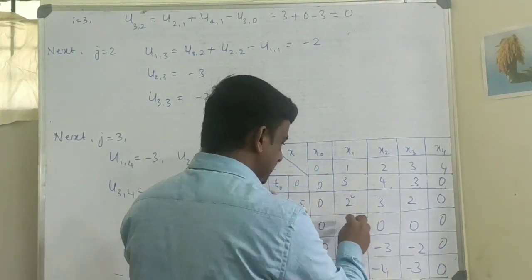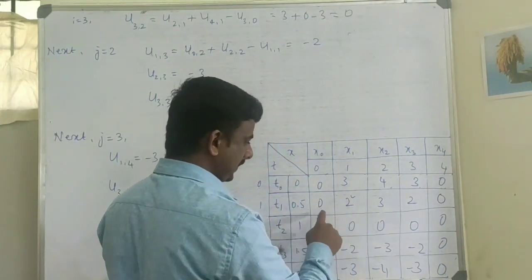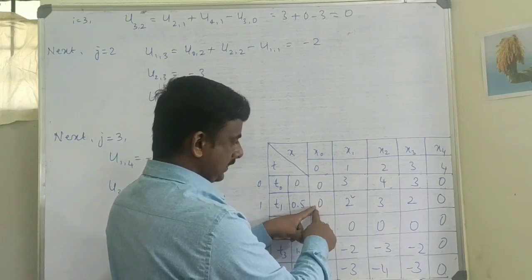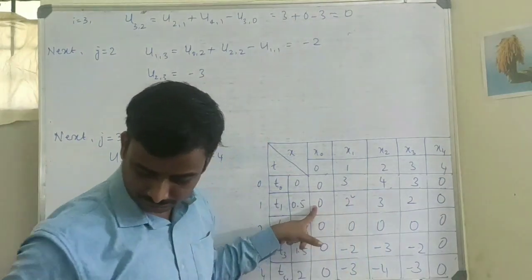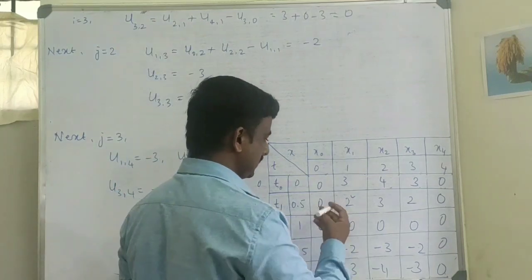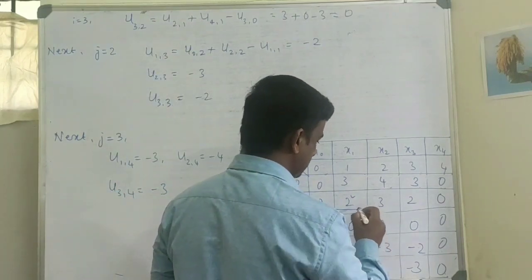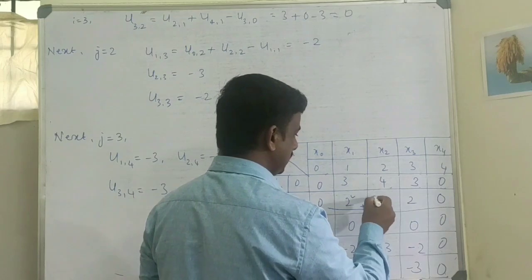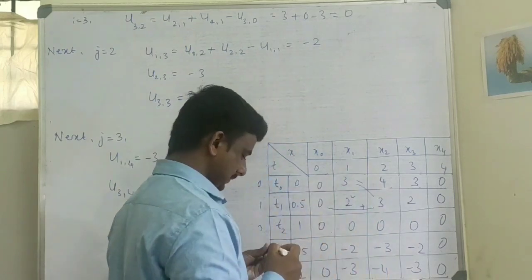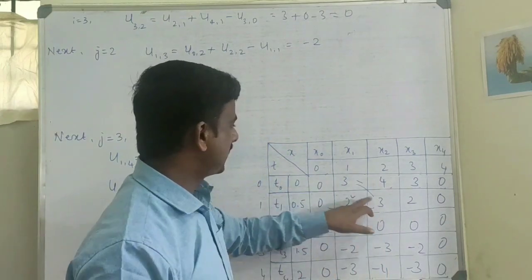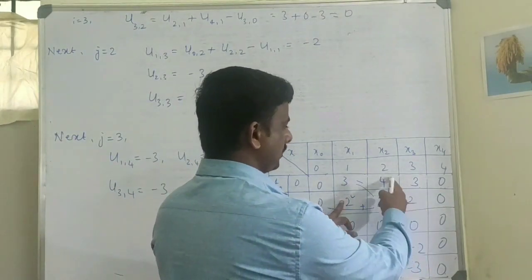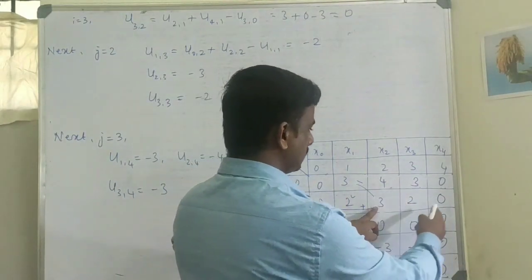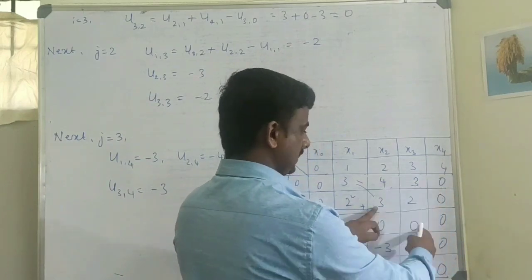Now, this entry is given by the previous entry: you add this and this, and then subtract that value. So 0 plus 3 minus 3, 0. Next 2 plus 2 minus 4, 0. 3 plus 0 minus 3, 0.